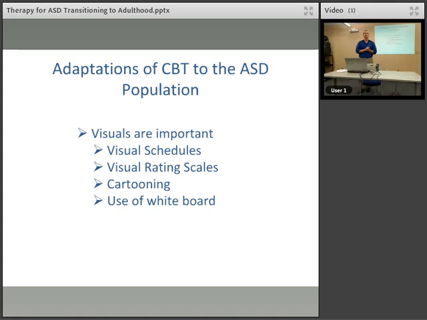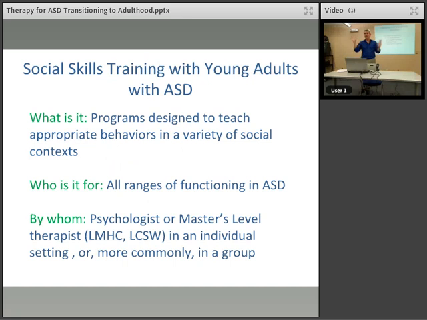Cartooning is another thing that we use with CBT, that's really drawing out the different circumstances and having them think through, draw out different cartoons of what's happening, what they're thinking at the time, what they're saying, what they're doing, and that sort of thing. A lot of this involves a lot of use of the whiteboard. When you're working with kids in this population, we all have one. They always have to do that.